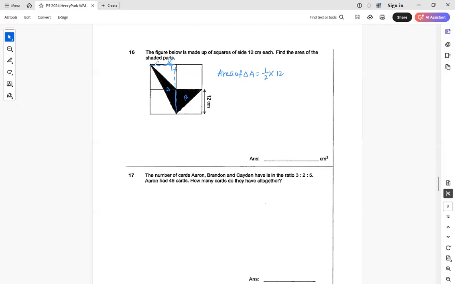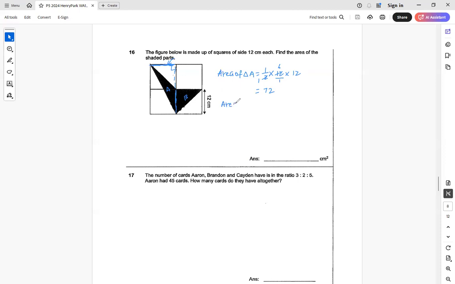My height is this one here, which is also 12. Same thing, when you have this fraction, if possible, please simplify it. So 2 and 12 both can be divided by 2. So this one will become 1, this one will become 6. So you are just left with 6 times 12. This is easier to calculate. You can get 72.